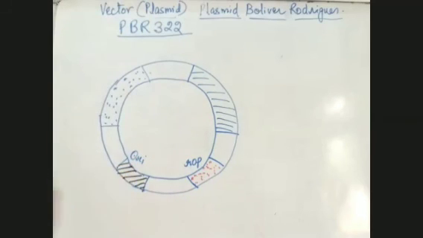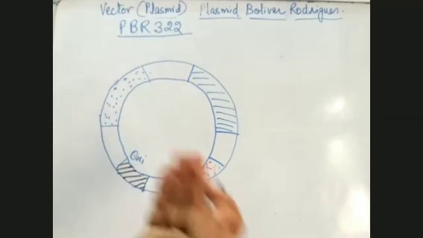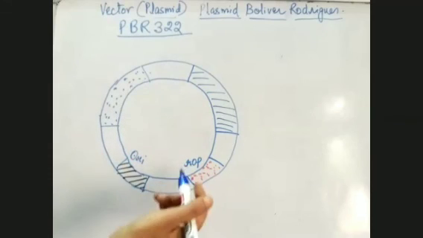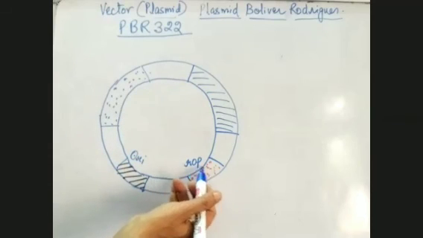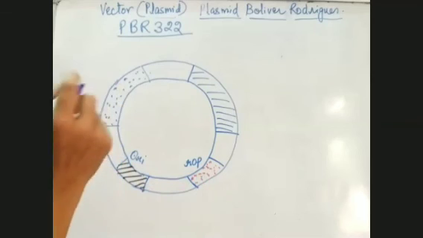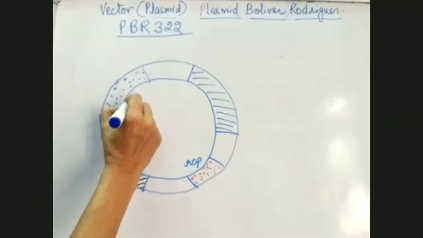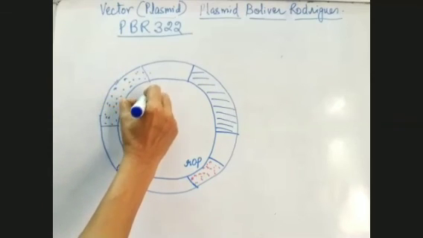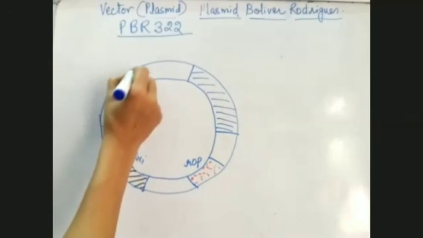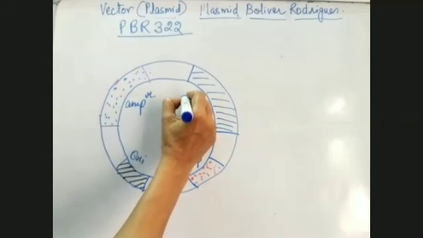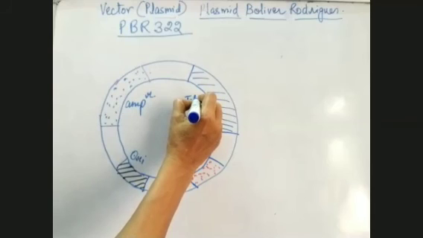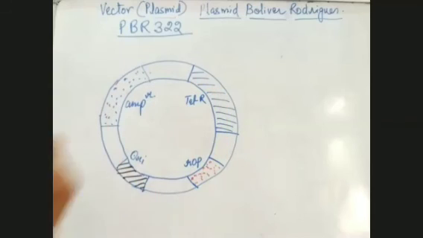From here, the replication starts, and for replicating, the raw material has to be there. Multiple copies will be formed? Protein is required. So this protein, replication of protein, is here. Then we have this ampicillin resistant gene. This one is ampicillin resistant, and this one is tetracycline resistant, which is written TETR.